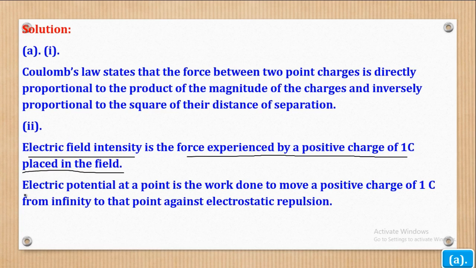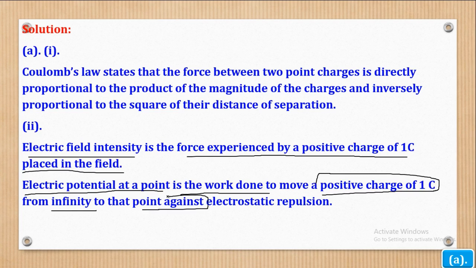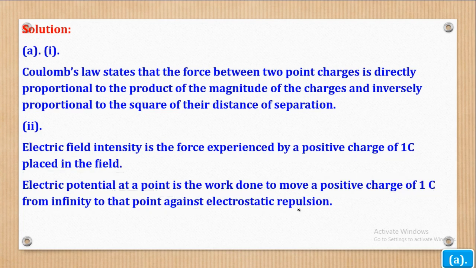So we shall say that electric potential at a point is the work done to move a positive charge of 1 coulomb from infinity to a point against electrostatic repulsion. So 1 mark for this law, 1 mark for this definition, 1 mark for this other definition.